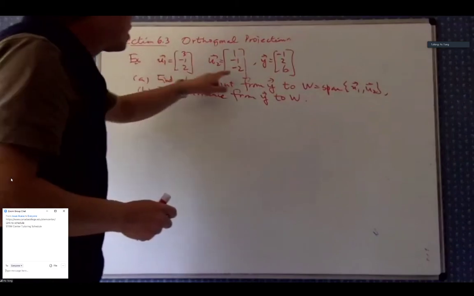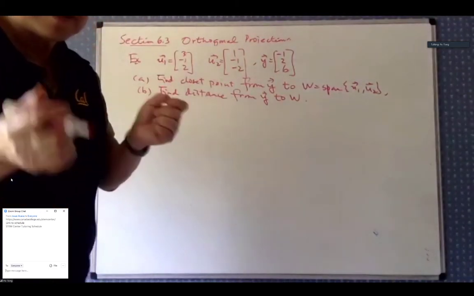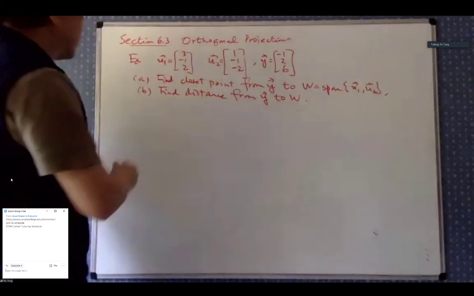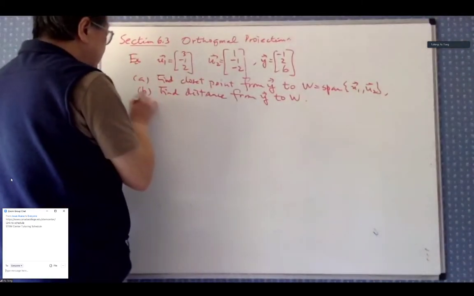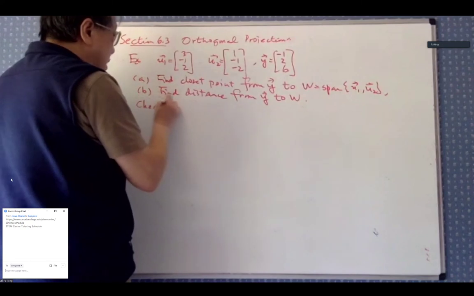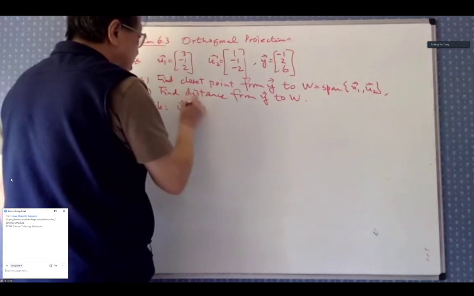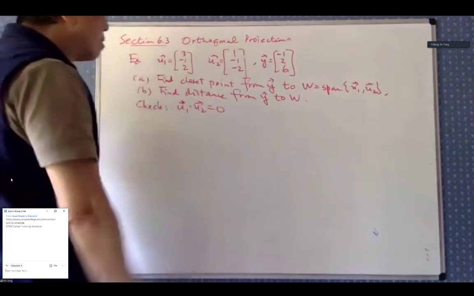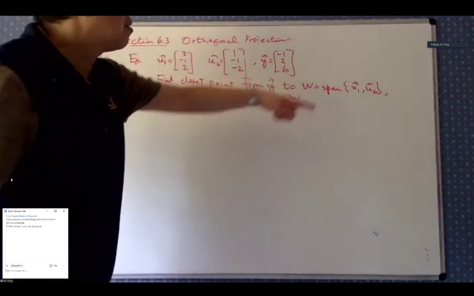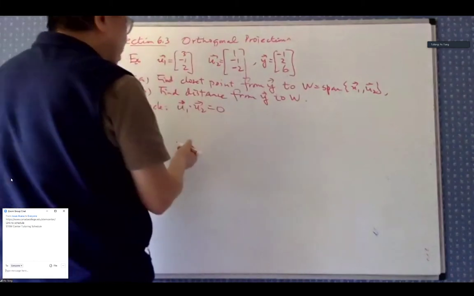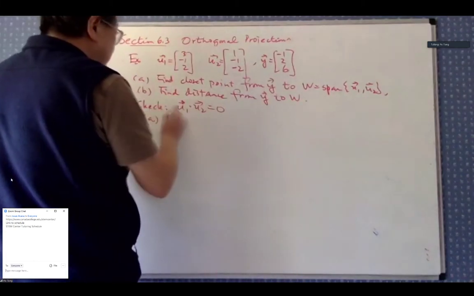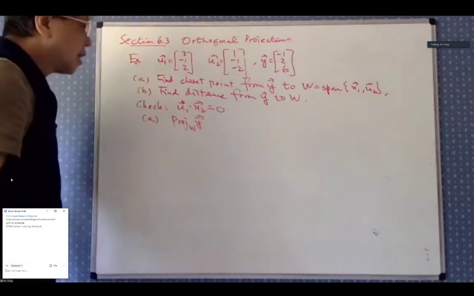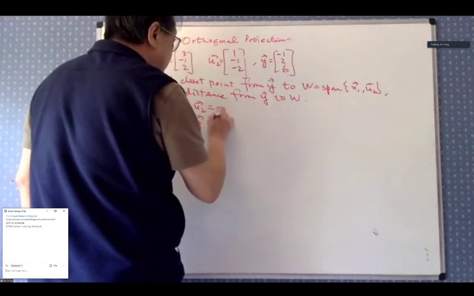Are these two perpendicular to each other? Because the technique we use depends on that. Yes. So check: U1 dot U2 is indeed equal to 0. So now the closest point from Y to W is the projection. Part A, we need to find the projection of Y onto W, and let's call this Y hat.